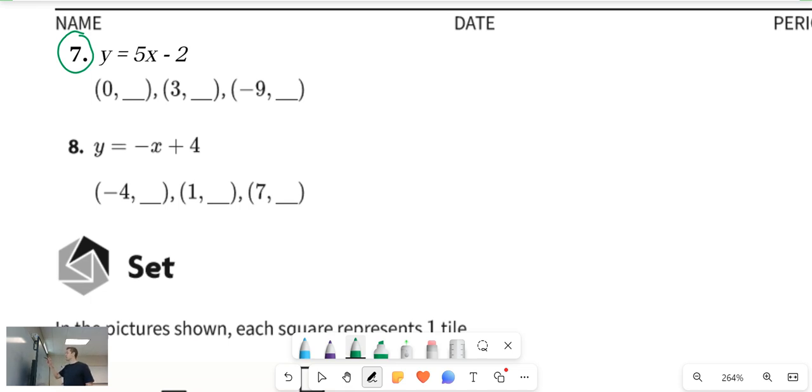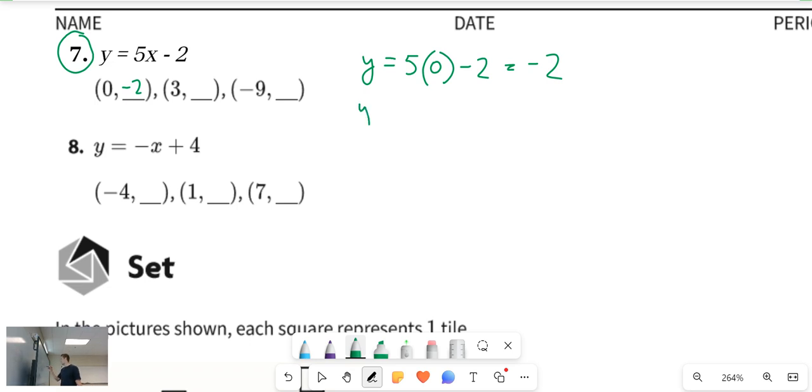We're going to have 0 plugged in for x, so y equals 5 times 0 minus 2, right? That's going to give us 0 and then minus 2, which is just negative 2. All right, so our first fill in the blank is going to be minus 2.